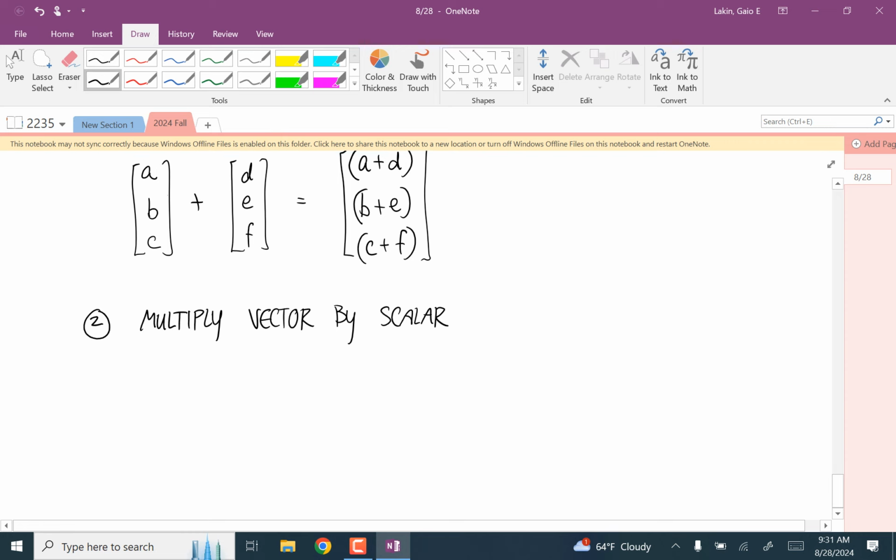So if you have a scalar value D and you're multiplying it to a vector A, B, C, that gives you the vector D times A for the X component, D times B for the Y component, and D times C for the Z component. So you just multiply each component by that scalar.